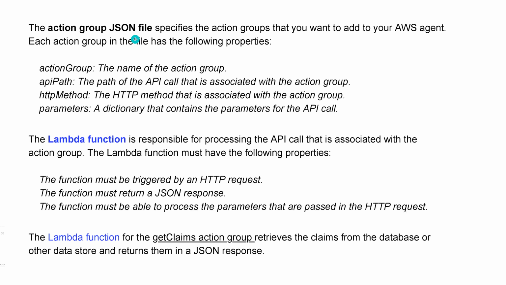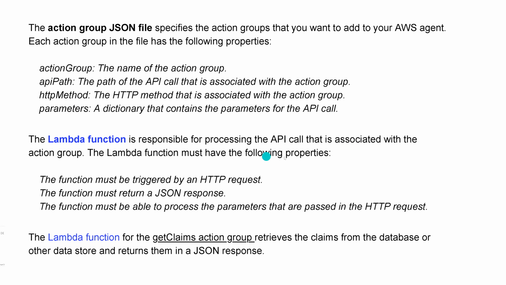So the action group, the JSON file, specifies the action group that you want to add to your AWS agent. Each action group in the file has the properties 1, 2, 3, 4. The Lambda function is responsible for processing the API call, of course, that is associated with this particular action group that you defined here.